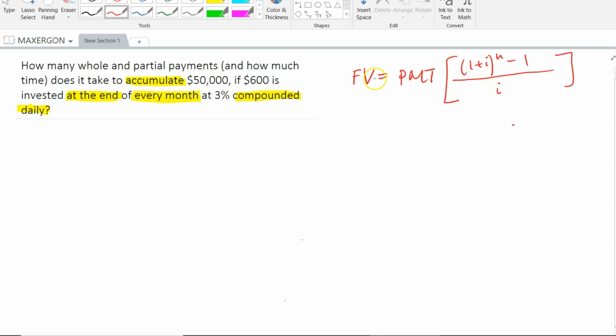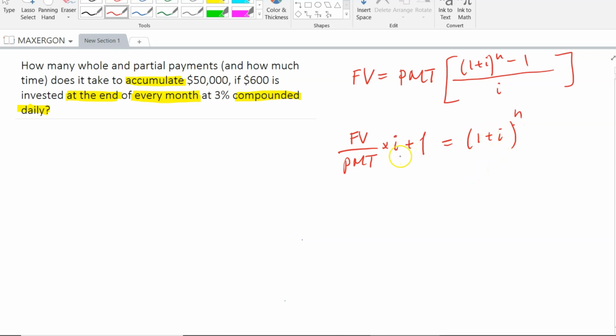Now we want to get to n. That's because we need a formula for n. How do we do that? Well, we'll take future value, divide by PMT, then multiply by I, then move this 1 to the left side, and on the right side we'll have (1 plus I) exponent n.